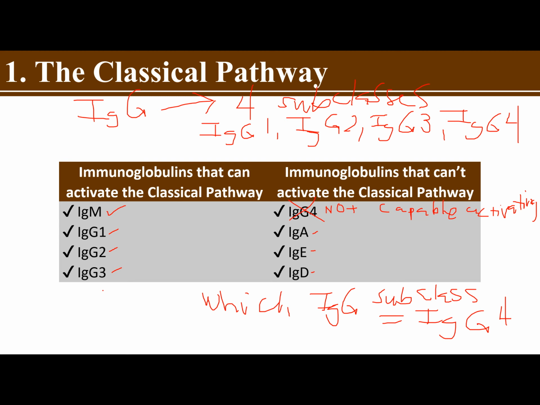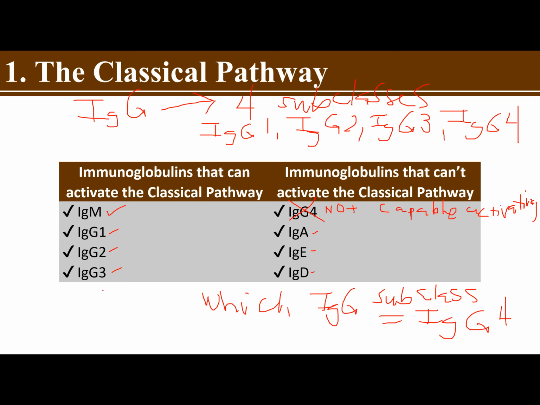So let me repeat. IgM, IgG1, 2, and 3 are the immunoglobulins capable of activating the classical pathway, while IgG4 is the only immunoglobulin G subclass not capable of activating the complement pathway. They would include IgA, IgE, and IgD as well. So please take note of that.